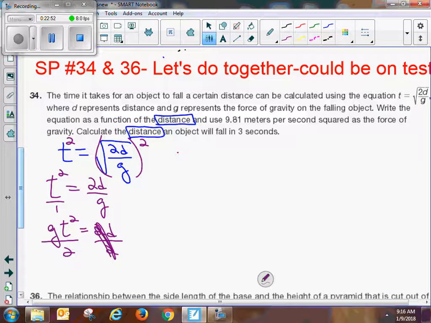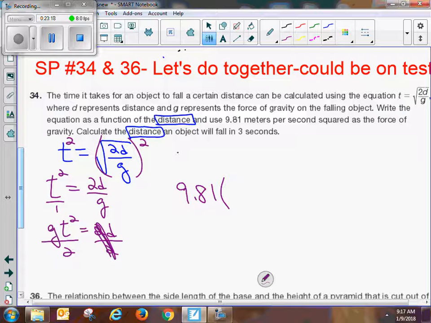Okay, now, part B is they're giving us some numbers to plug in. 9.81 meters per second squared as the force of gravity. So that goes in for g. Okay, so we're going to replace g with 9.81 times, calculate the distance of an object that will fall in 3 seconds.